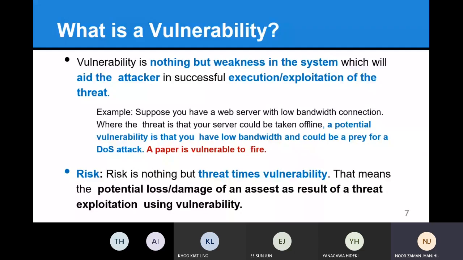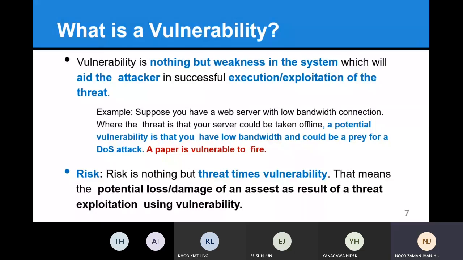Now I hope you understand what it means. For example, suppose you have a web server, and that web server has very low bandwidth. Low bandwidth means you are not able to handle a large number of requests and users at the same time.